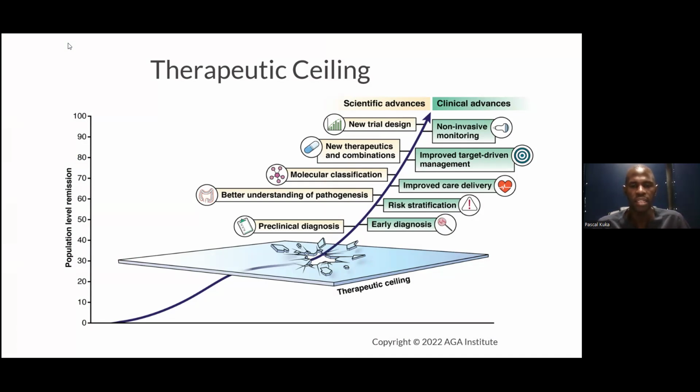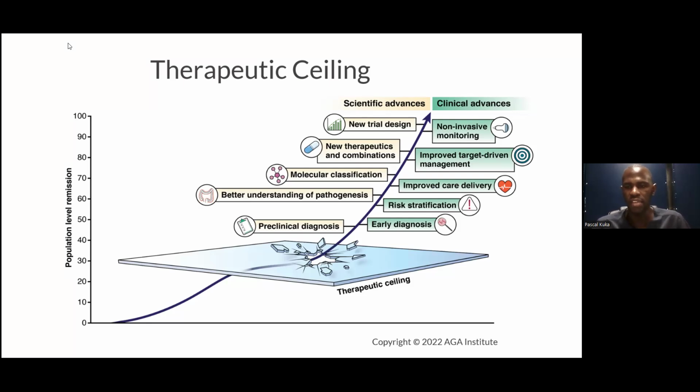So whether we have tools to be able to diagnose IBD before we actually get the clinical manifestations, because as much as we understand a lot of the pathogenesis of it, there could be other modalities that we're still not able to understand. And if you're able to then have different molecular classifications of patients with IBD, then you can actually have new therapeutics as well as new combinations. And then probably we might improve in terms of the therapeutic ceiling.